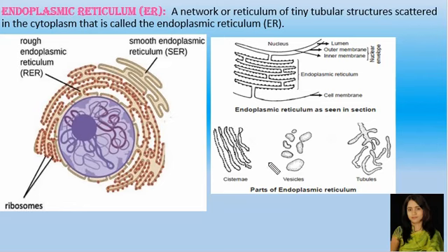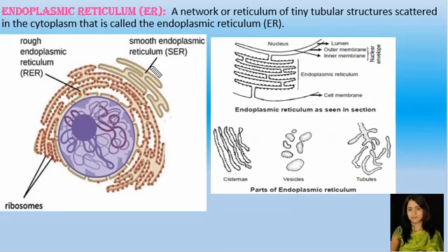One is cisternae, second is vesicles, and third is tubules. The endoplasmic reticulum divides the intracellular space into two compartments: one is the luminal side or the lumen, and the second is the extraluminal compartment.